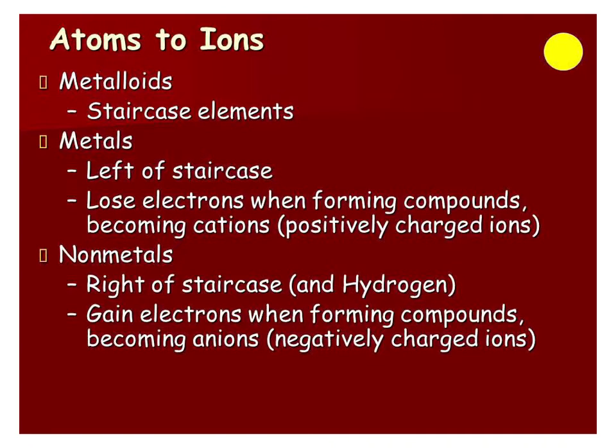All the nonmetals, or the elements to the right of the staircase, and hydrogen are going to gain electrons when forming compounds and become anions. So they're going to become more negatively charged. That's what anion stands for, a negative ion, and cation means positive. So negatively charged ions are going to form with the nonmetals, and the metals are going to form the cations.